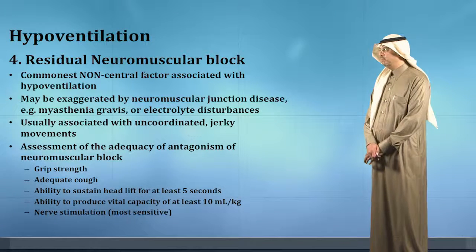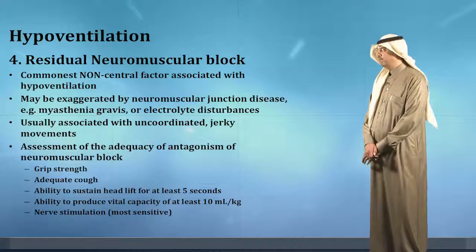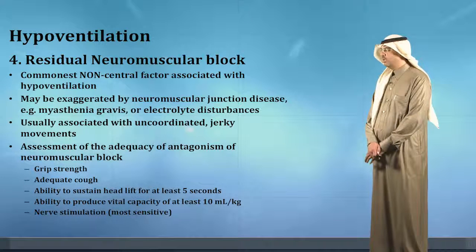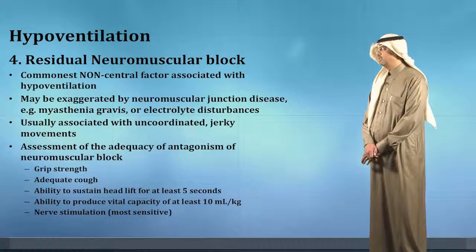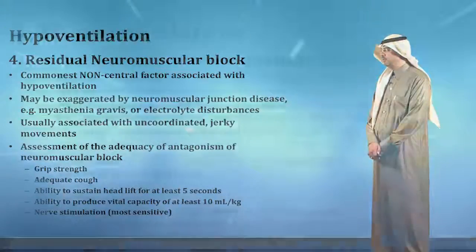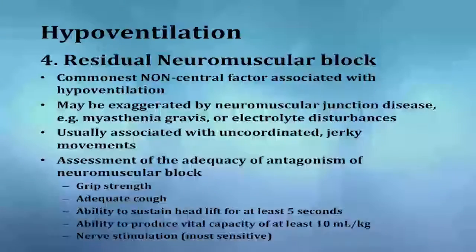Residual neuromuscular blockade is also a common cause for hypoventilation, and this is actually the commonest non-central factor associated with hypoventilation. It may be exaggerated by neuromuscular junction disease such as myasthenia gravis or electrolyte disturbances, and usually it is associated with uncoordinated or jerky movement.